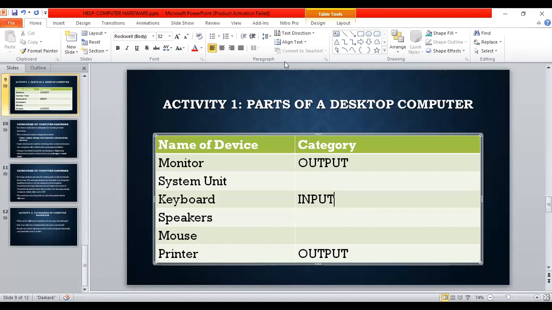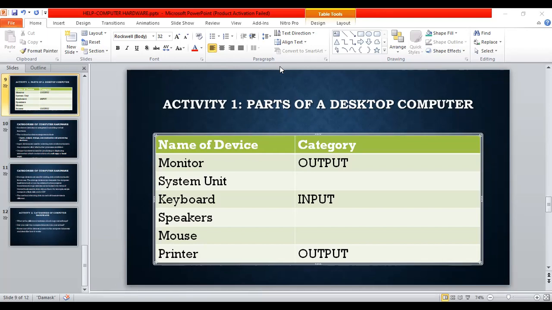Catherine Nambozo. Speakers. What about speakers? Because they bring out sound from the computer. The procedure was, you mention a device, you tell us its function, and then you back it up with a reason.